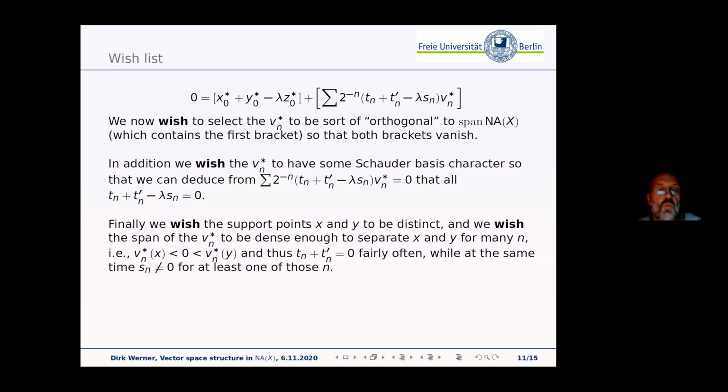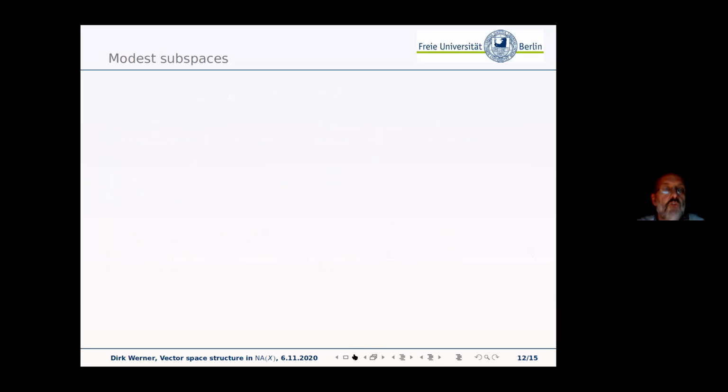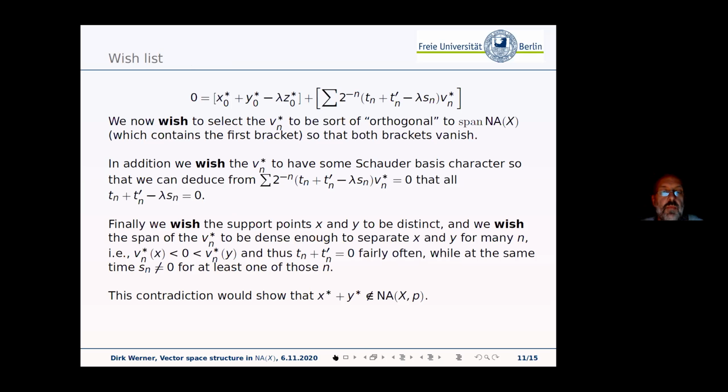So when this program works, we have a contradiction, and this means that our assumption that the sum x star plus y star is norm-attaining is refuted. So usually you have only 3 wishes, and here I had 4, but actually the third wish is of minor importance, and we can get away with it very easily, as I will show you in a minute.